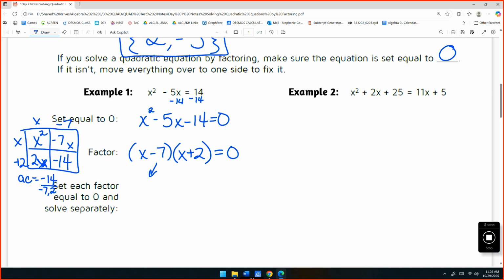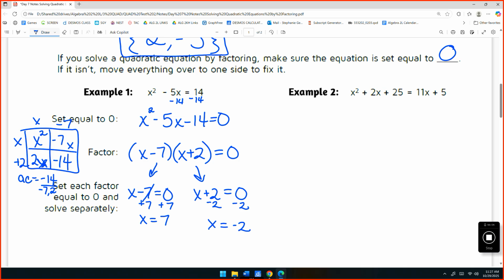So x minus 7 equals 0, and x plus 2 equals 0, and I'm going to get 2 answers out of that. Add 7. My first answer is x is 7. And my other one, what's 0 minus 2? Negative 2.